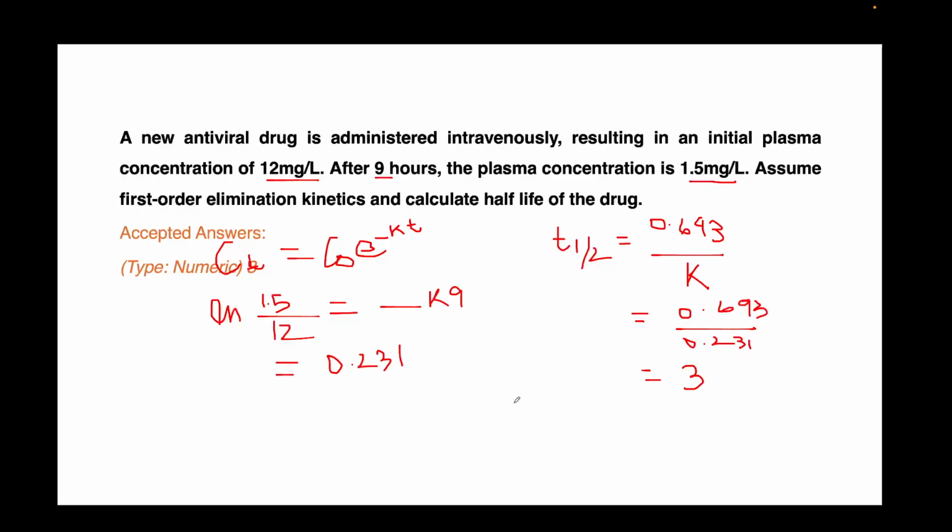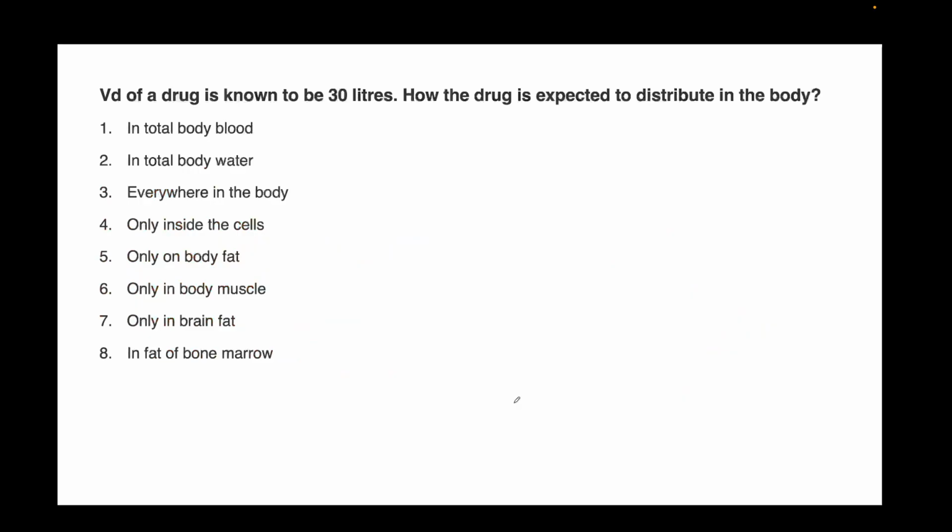Okay, now moving on to the next question. The volume of distribution of a drug, or VD, is known to be 30 liters. How is the drug expected to distribute in the body?